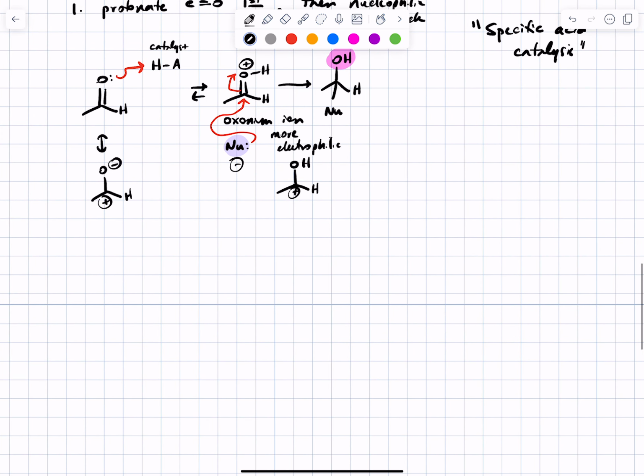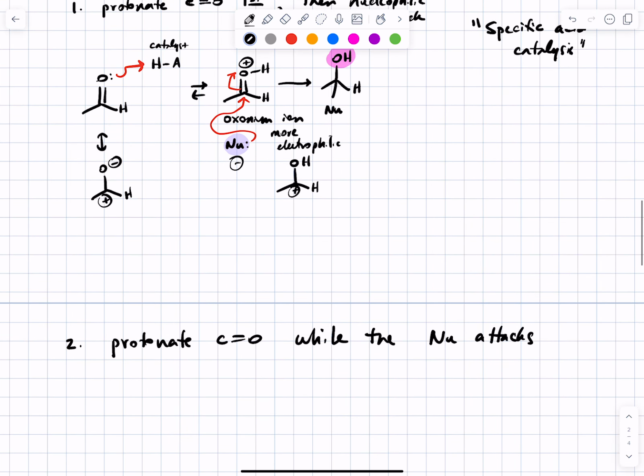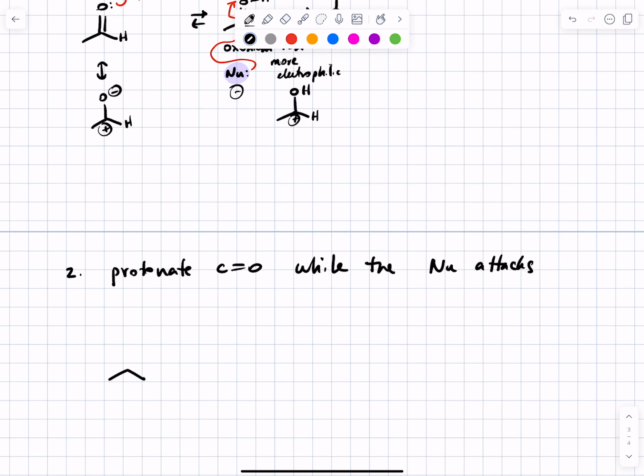Another option, which may not be immediately obvious to you, is that you could protonate the carbonyl oxygen while the nucleophile attacks in the same step. So to show that, we would have our carbonyl compound here, we would have our nucleophile here, we would have our acid here.